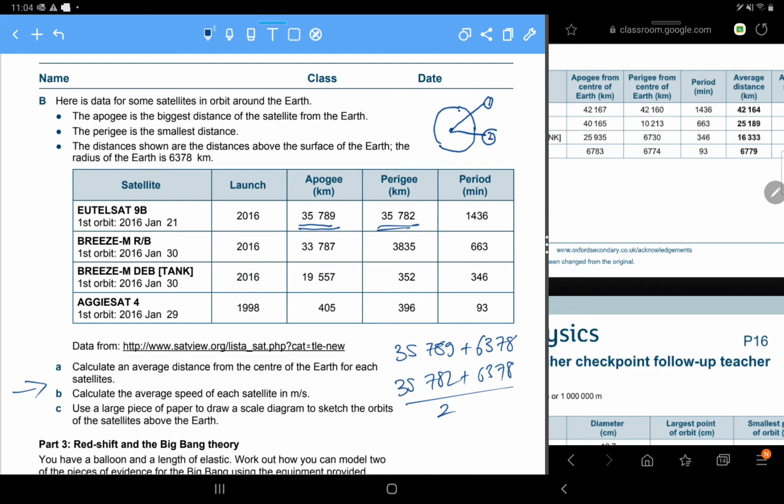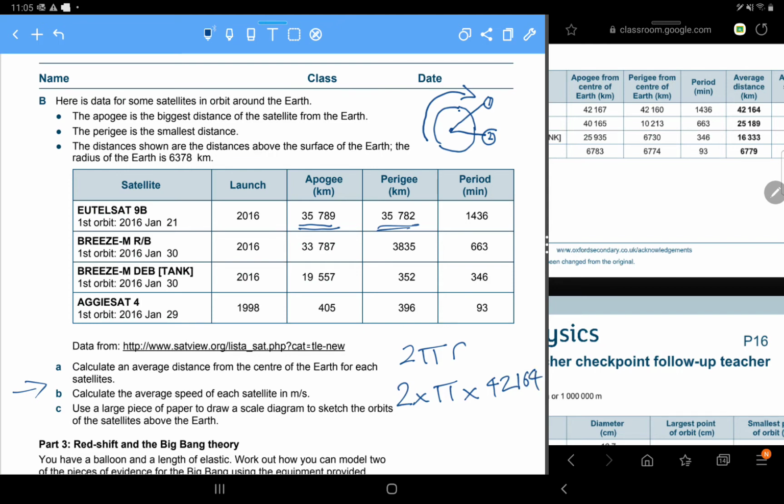In terms of the period and the average speed, the circumference of a circle is 2 pi r. So that's 2 times pi times the average, which is 42,164.